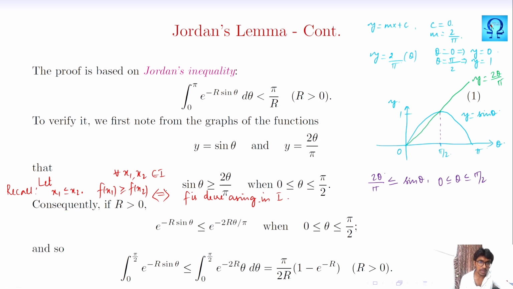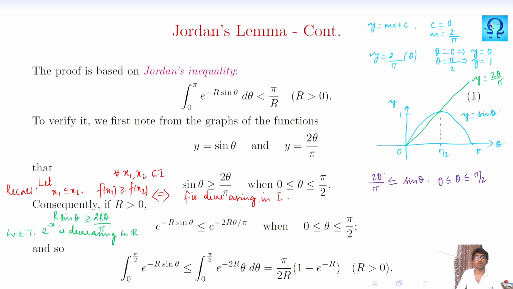Now we have this one. Instead of x1 and x2, we have sine theta and 2 theta upon pi. Now for r bigger than theta, what we are going to have is that r sine theta is bigger than or equal to 2r theta upon pi. This is going to be true. Fine, we know that e to the power minus x is decreasing on the entire real line.